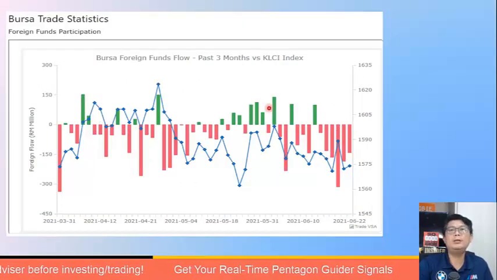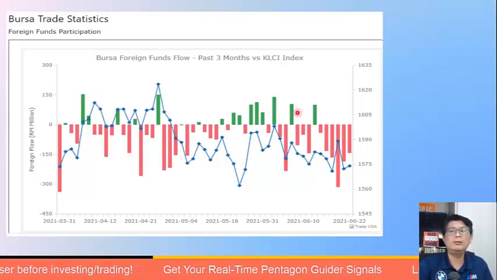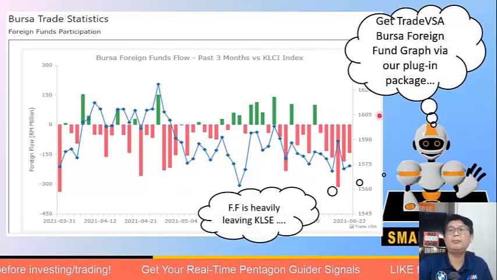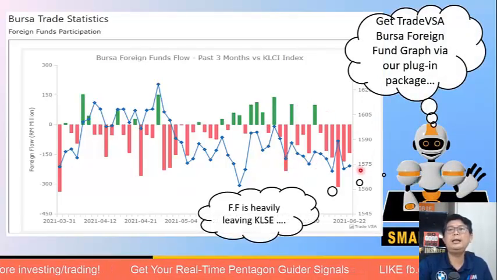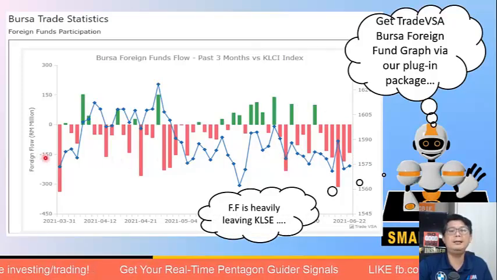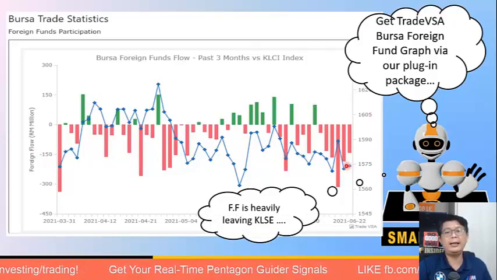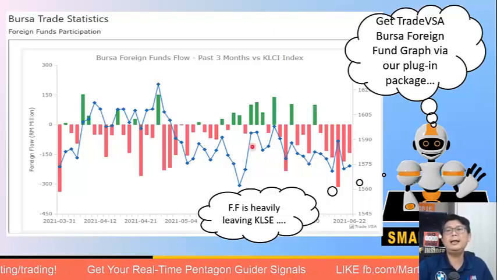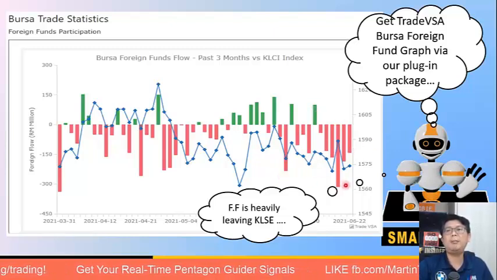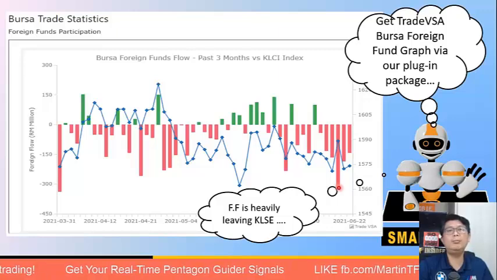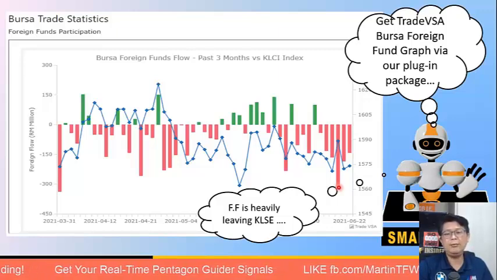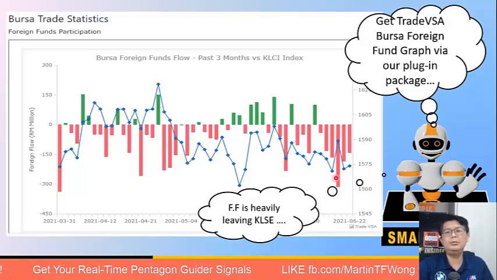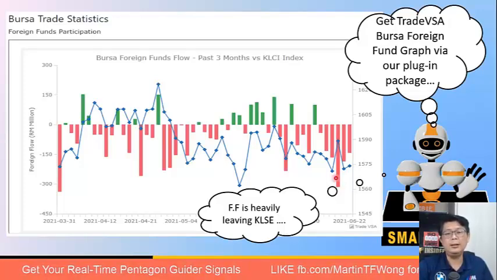Definitely from here onwards, if you look at the foreign fund flows, we have seen heavy leaving from the KLCI, and you can see usually the average is about 150 million. The red line here is the outflow, the green line is the inflow. So we can see the huge leaving spiking almost 350 million of net leaving, and that's what caused this market to continue flowing down.